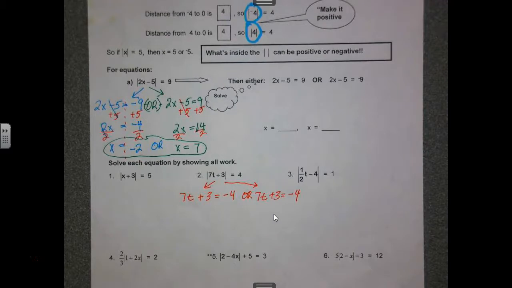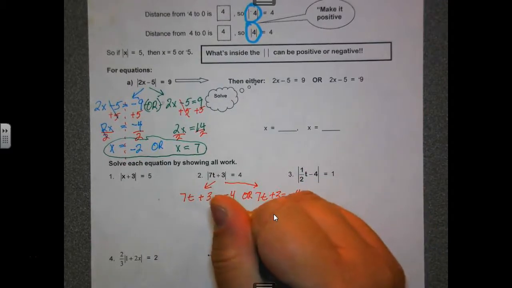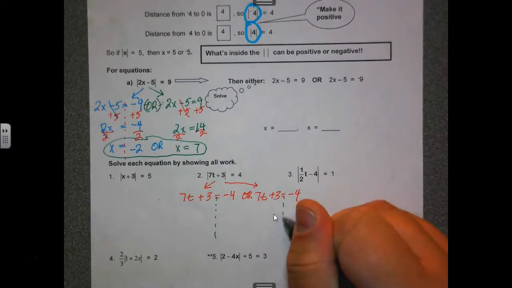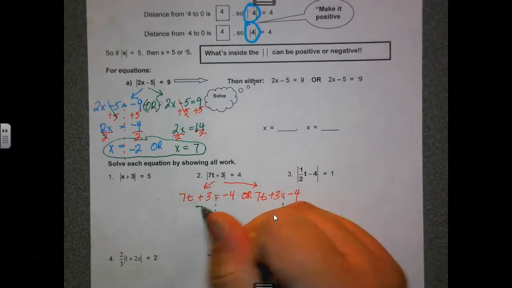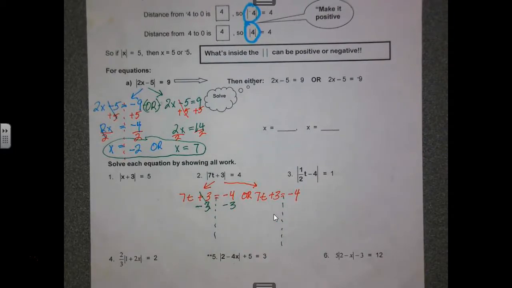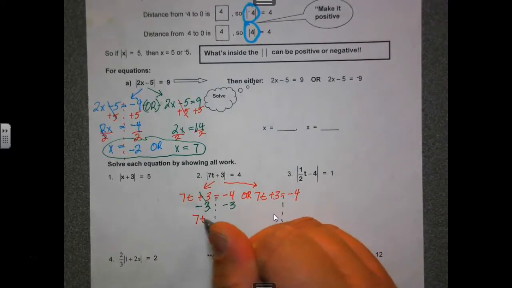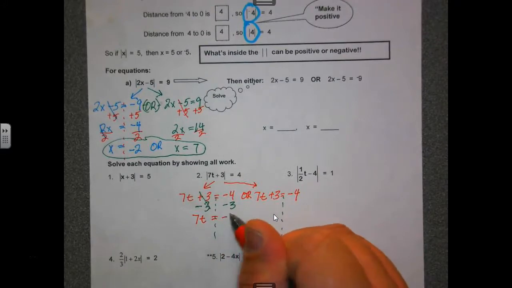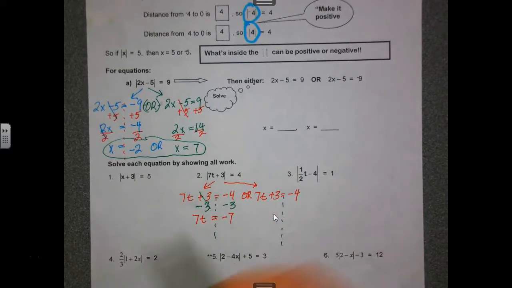All right, subtract 3 from both sides. And again, if you need your dotted lines, I'm okay with that. Minus 3, these add up to 0. I get 7t equals negative 7. Divide by 7.